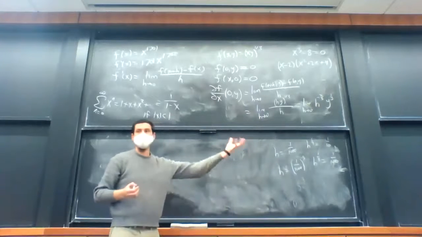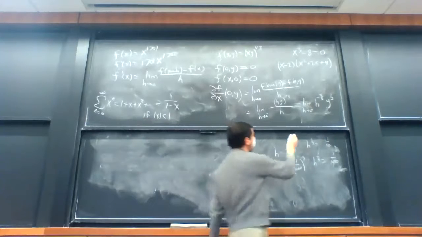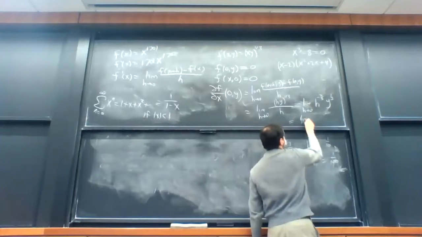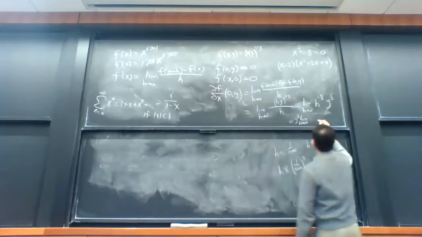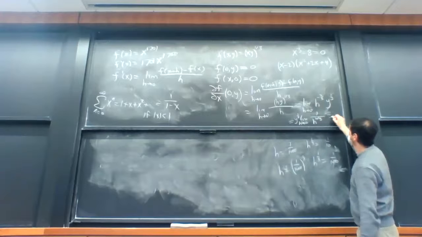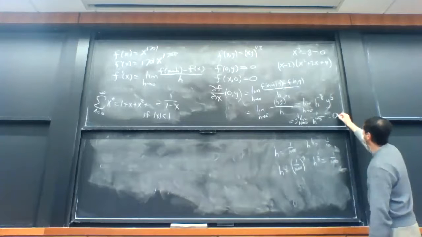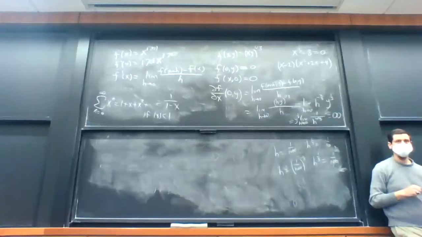This is going to be the same as having an h to the 2/3 in the denominator. This is going to be the same as the limit as h goes to 0. I can pull out the y to the 1/3. It's 1 over h to the 2/3. And that's going to be infinity. It's going to blow up. That's bad.